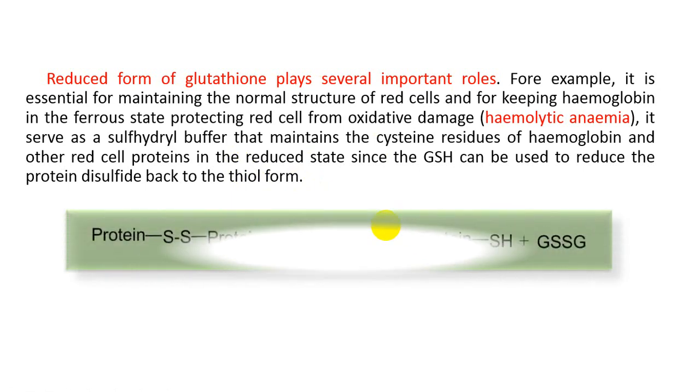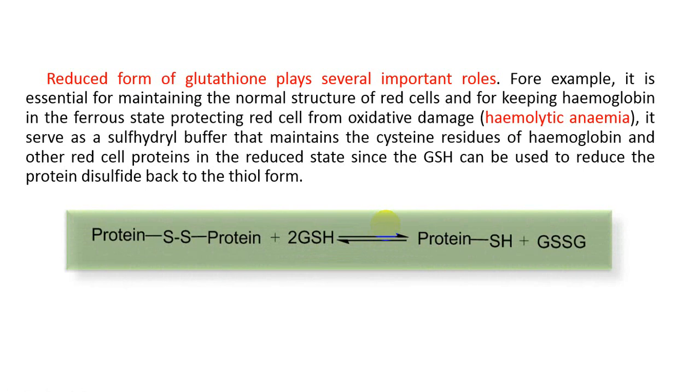Okay, have a look at this function. This reaction will keep the cysteine residue in the reduced form. The protein has S bond S. That means this is the oxidized form.